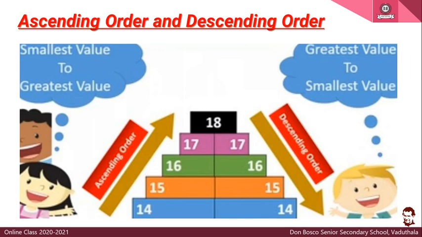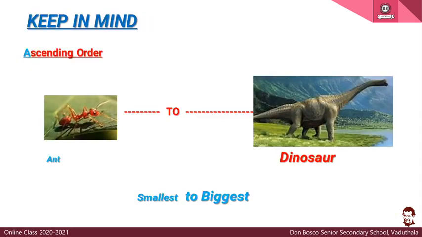Now the next one is a trick for you to arrange the numbers in ascending and descending order. Listen carefully and keep this in mind. First is ascending order. Ascending order starts with A, and A is for ant. Ant is too small. So when we say ascending order, think that ant is smallest.